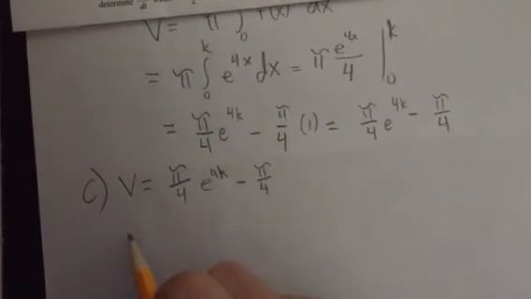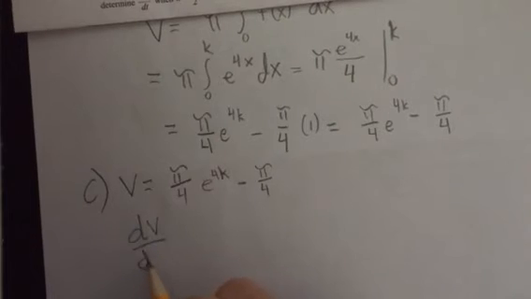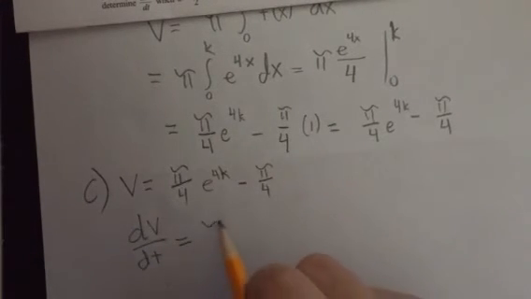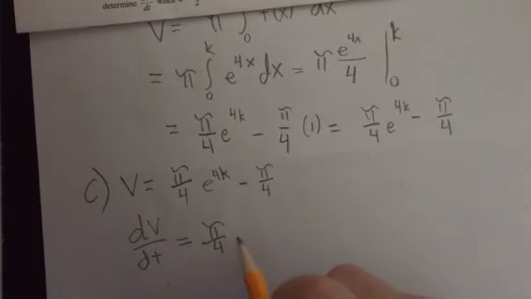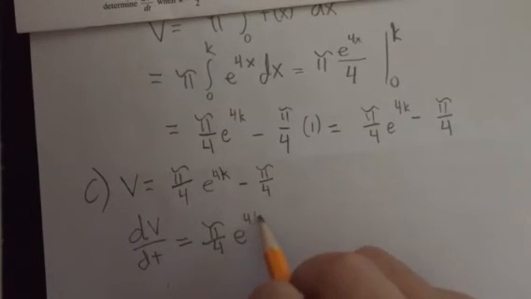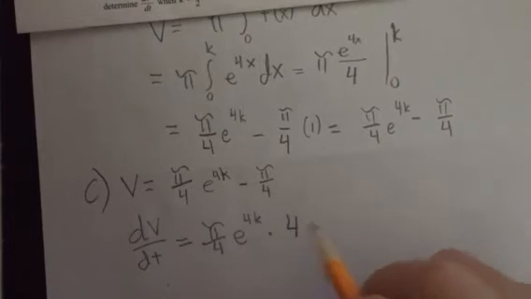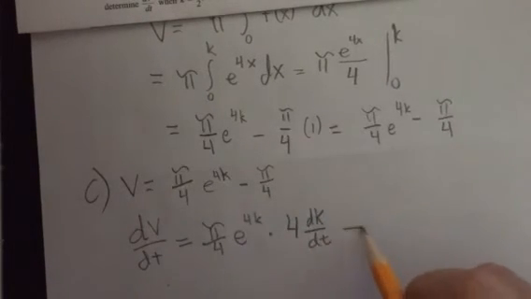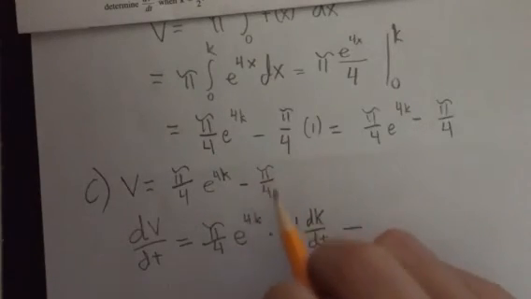So the derivative with respect to t of both sides is going to give dV over dt equals pi over 4 e to the 4k times 4 dk over dt, minus the derivative of a constant, which is always 0.